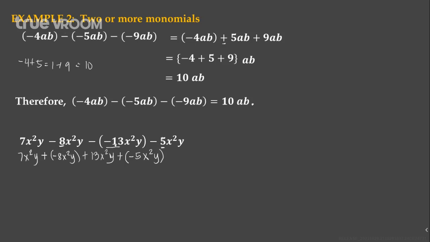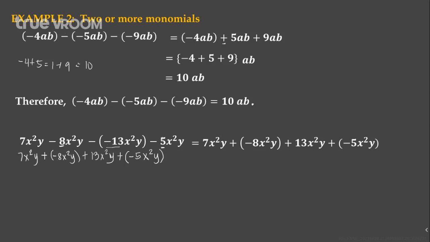Negative 13 will become positive 13. You change the sign, so positive 13, x squared y. Minus, you change it to plus again, and positive 5 will become negative 5. Do you understand, boss? Yes or no? Yes, okay.